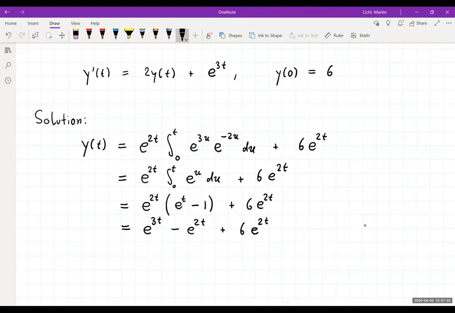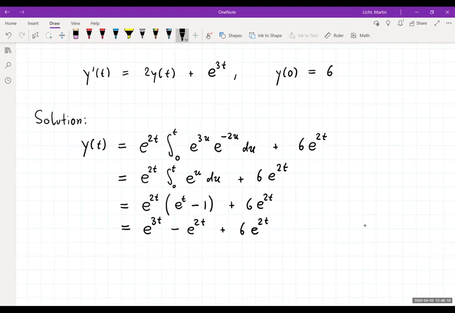If I write down this explicit solution formula, I get the following, namely y of t is equal to exponential of 2 times t multiplied with the integral from 0 to t of exponential 3 times u times exponential of minus 2 times u du. And then we have got the term corresponding to the constant of integration, namely plus 6 times exponential of 2 times t.